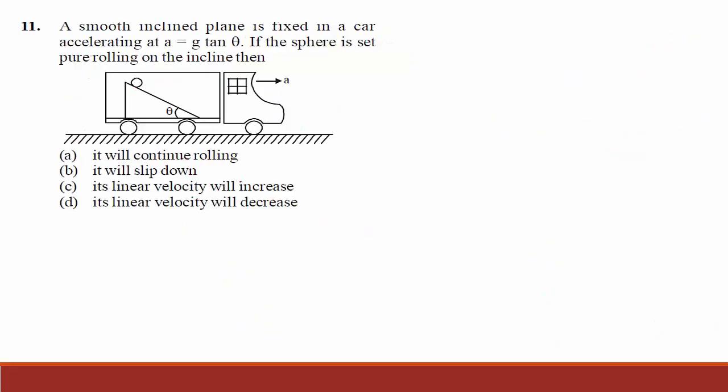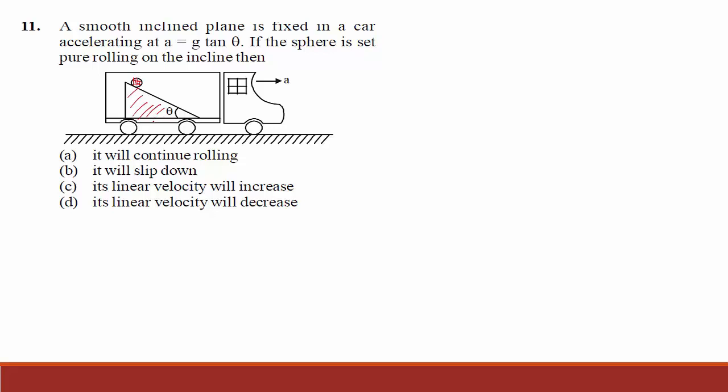A smooth inclined plane is fixed in a car accelerating at a equal to g tan theta. If the sphere is set pure rolling on the incline, then which are the right options? Here is a sphere kept on an inclined plane, and this inclined plane is fixed in a car which is accelerating at a equal to g tan theta.